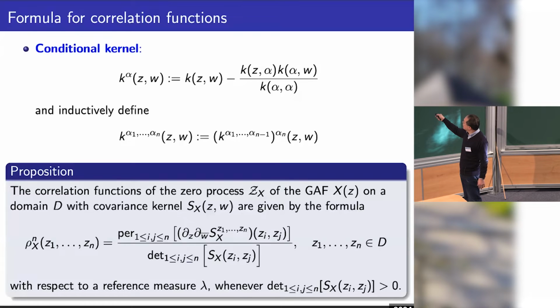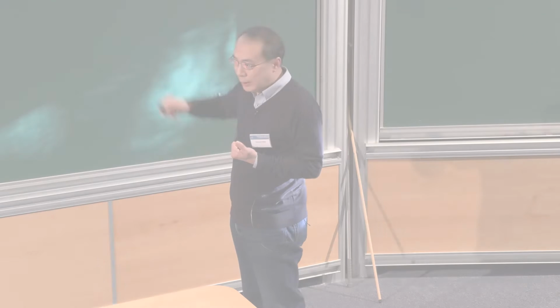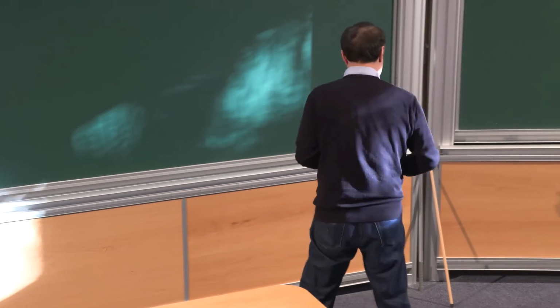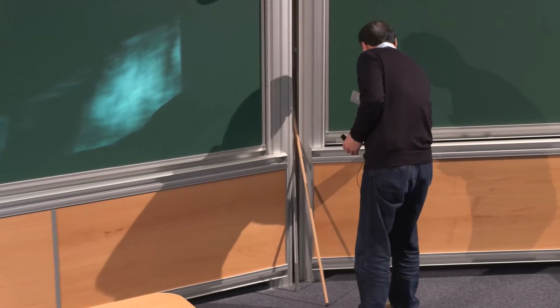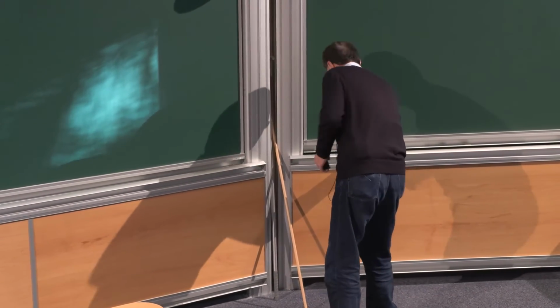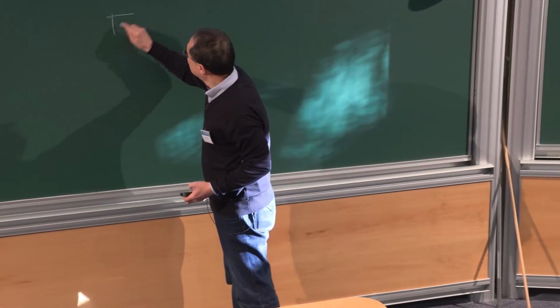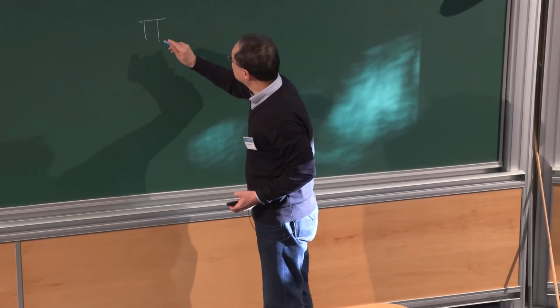Here, S_x is the original covariance kernel, and you take this kind of kernel and take the permanent. The permanent is a signless version of the determinant.